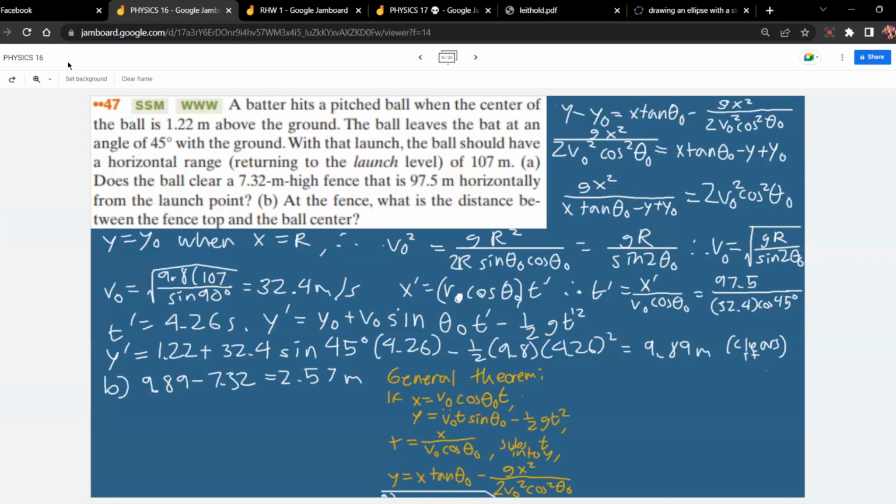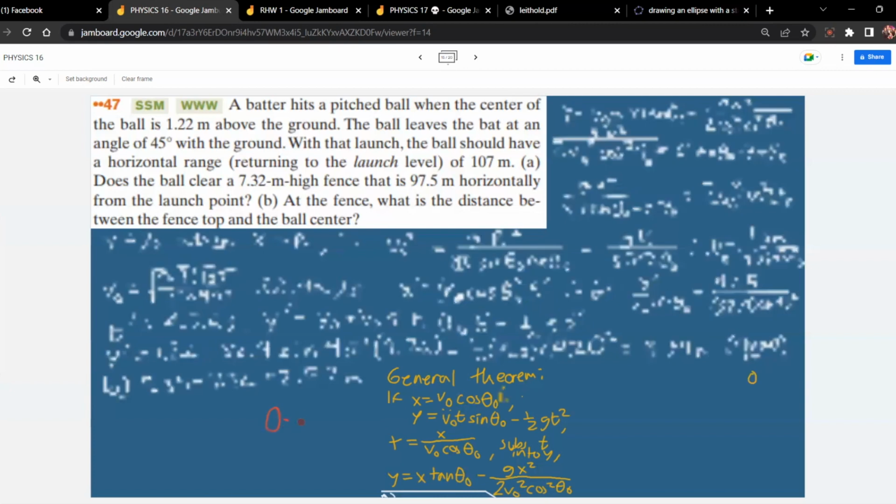Sige, tingnan natin. So yung second line, naghanap tayo ng expression for V0 in terms of R. Sige, i-check ko lang yung algebra. 0 equals R tangent theta minus GR over twice V0 square cosine squared theta.